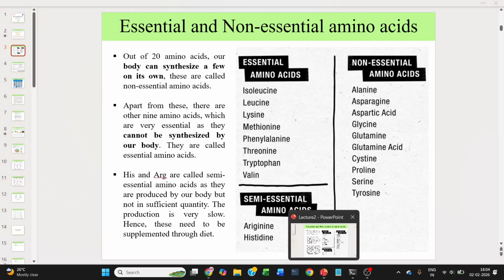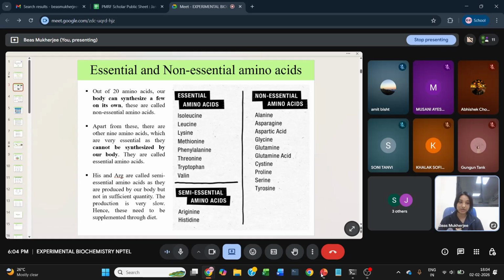Now, amino acids can be essential amino acids and non-essential amino acids. So, what does that mean? So, from the food that we are eating, if we are getting some specific amino acids from our food, these are called essential amino acids. And there are amino acids that are prepared in our body by breakdown from different sources. Those are called non-essential amino acids.